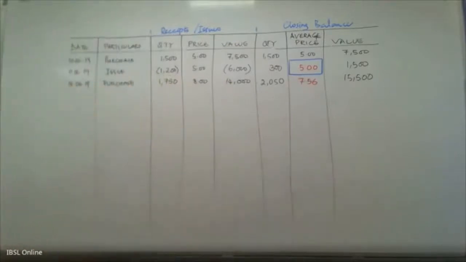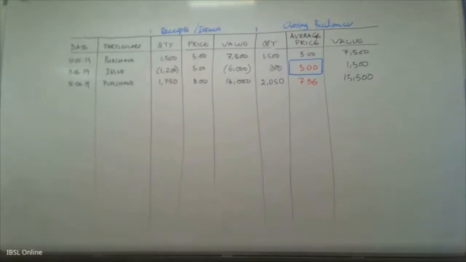Have you all calculated? Is that answer correct? Yes, sir. 7.56 will be the average price. Okay, the average price will be 7.56. Now let's go to the next transaction.